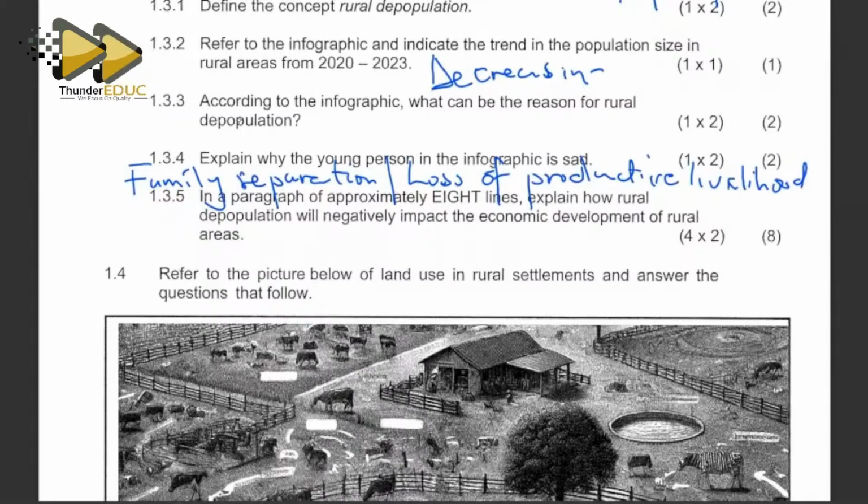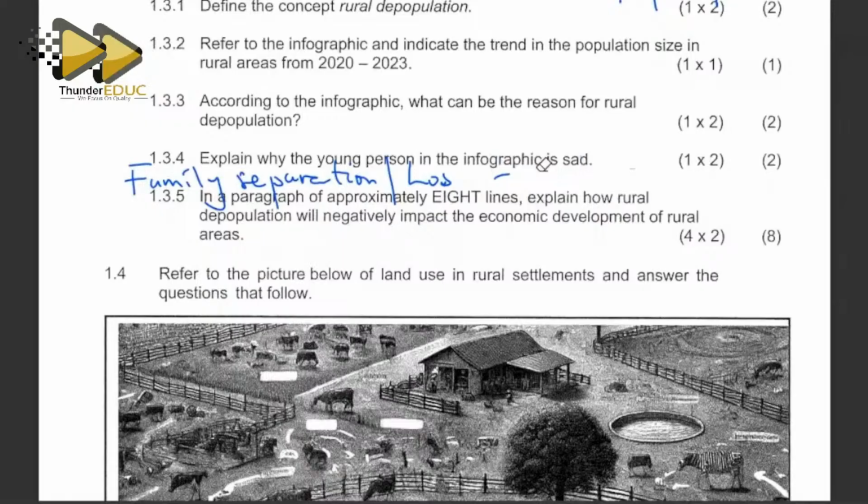That is also a very worrisome factor. You rely on the land, you rely on agriculture to sustain, to find food. But now the lands are no longer productive because of the effect of climate change or persistent droughts. Then that is a worrisome effect to people in the rural areas. That might also be a reason why that young man looks so worried. Right. Besides that, there are other reasons that you can also try to factor out, which qualify to be the cause of the sadness in that young man.